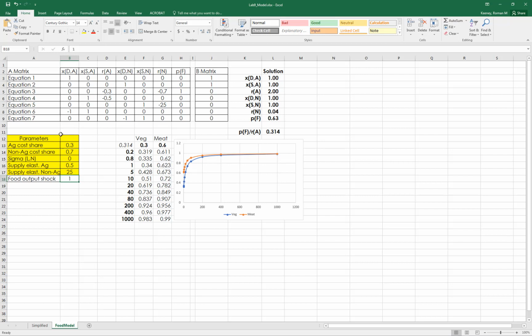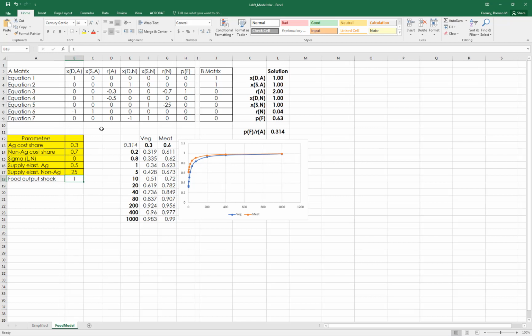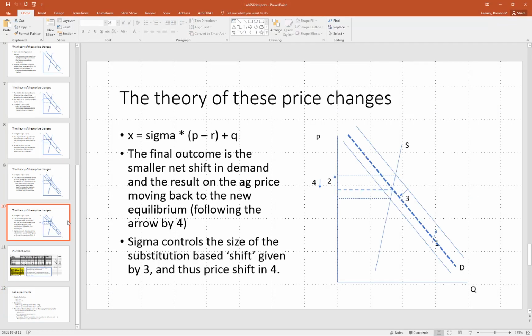The first thing I want to do is think back to our slideshow. Right here, part 1, part 2, part 3, and part 4. In this spreadsheet model, we can measure parts 1 and 2, the full shift of the demand curve and the full price increase, by not allowing any substitution.